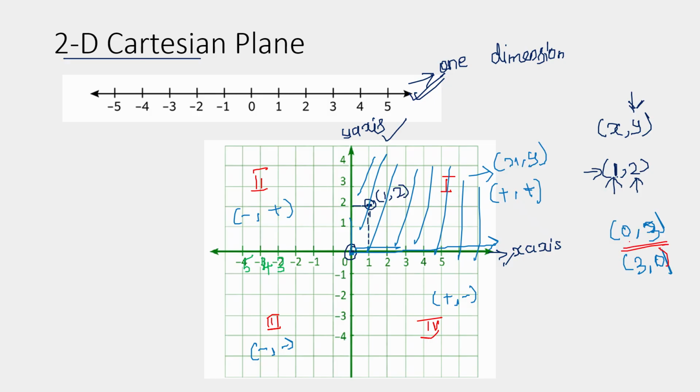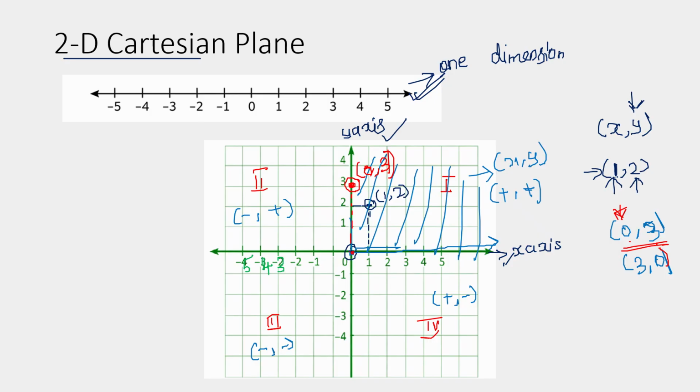The x value is 0 and the y value is 3. So on x value 0, where will it come? Over here it will come. If I make a line over here, it is going to meet the y-axis at 3. So I can mark over here and make it as 0 comma 3. So what we are finding from this, if the x value is 0 for some coordinates, then that particular point lies on the y axis.